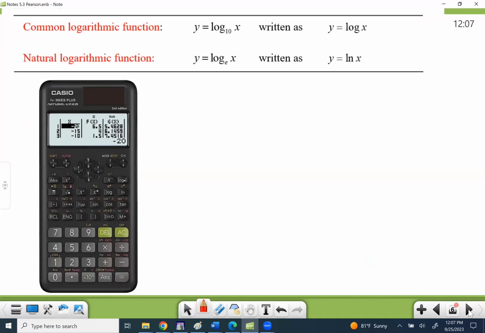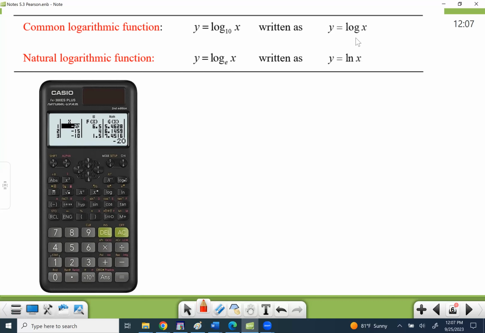Okay. So there's going to be 2 logarithms that are just so commonly used all over the place that we don't even write the bases on them anymore. They're that common. So there's log base 10 and there's log base E. Now, how do we write these? Well, we don't use the 10 for log base 10.